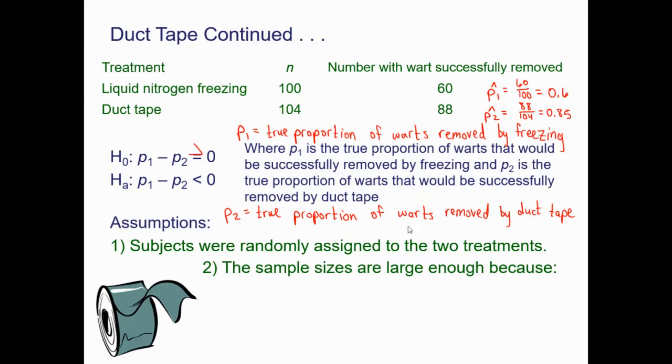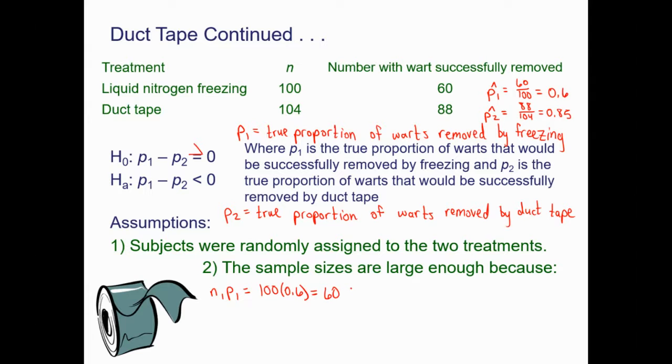Okay, so we've got to check. Is N1 times P1 greater than or equal to 10? So 100 times 0.6 gives me what? 60.